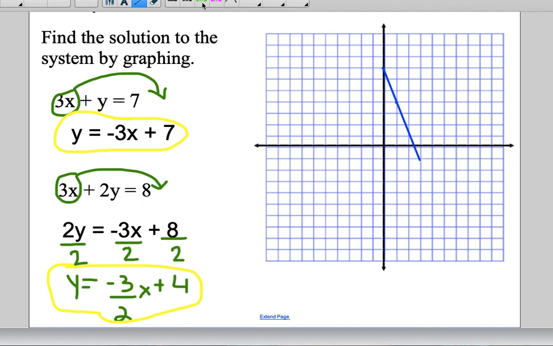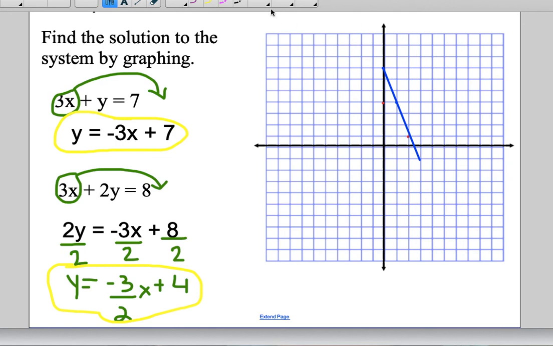Then we are going to plot our second line. So here we're going to start at 4. Our y-intercept is 4. And our slope again is negative. So this means we're going to go down 3 and over 2. So our rise is negative 3 and our run is 2.